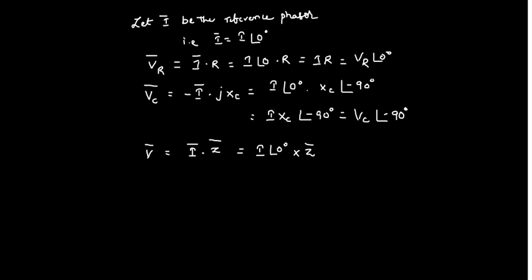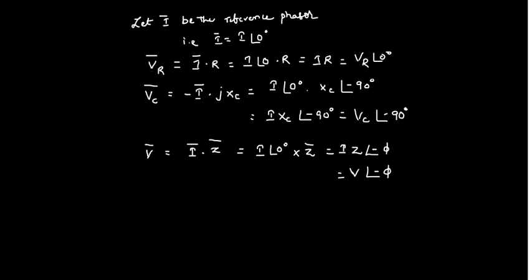So I will get I Z at an angle minus phi, that is equal to V at an angle minus phi. This is the resultant voltage we have applied through the RC series circuit. It is divided into two parts, the voltage across the resistor and the voltage across the capacitor. If you sum up together, again we will get V at an angle minus phi.